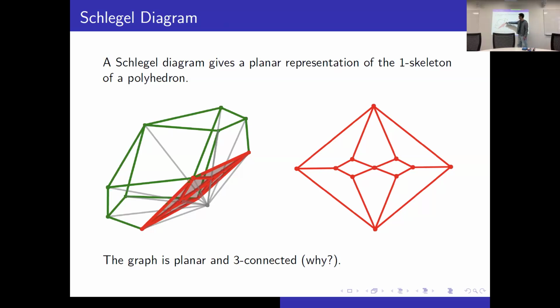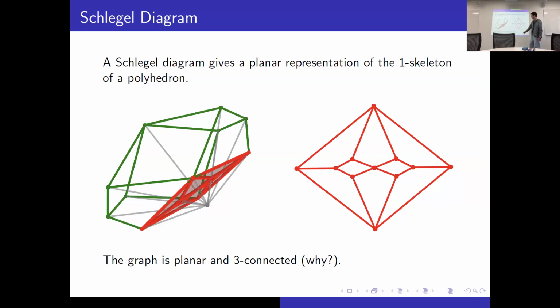For the polyhedron we have here, I take this face and a point close enough to this face, and I project everything onto this face, and we get this graph. So obviously, this graph must be planar, and actually it is also 3-connected.